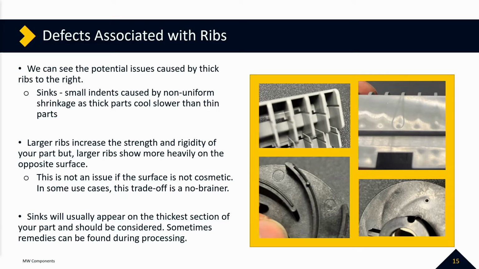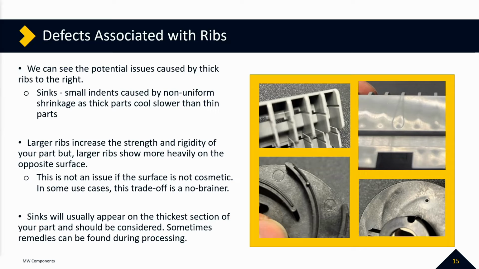Now, sometimes, as I say in the final bullet point, remedies can be found during processing. Maybe you pack it out a lot more, and because of those much higher pressures, you are still forcing plastic into those areas as it shrinks and cools away and maintaining your aesthetic surfaces.